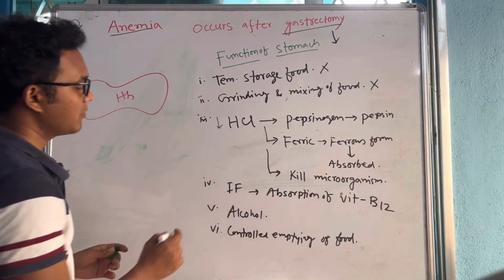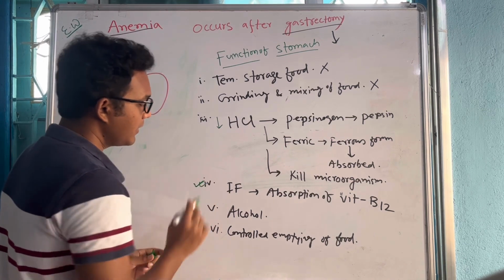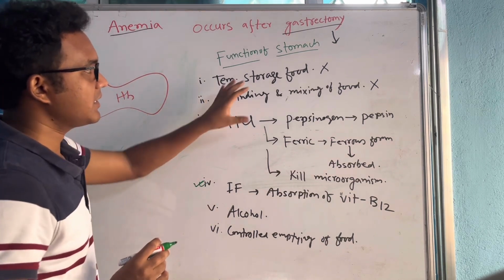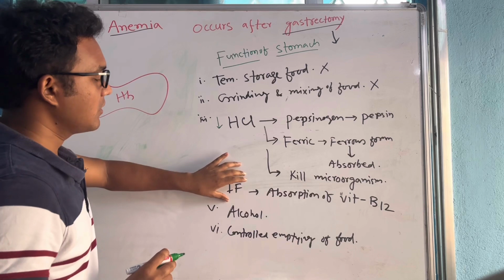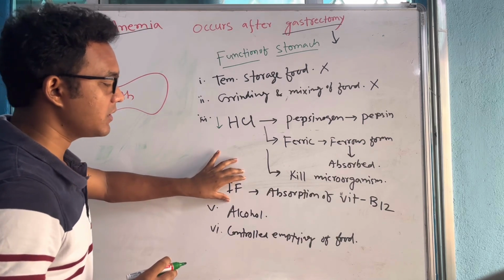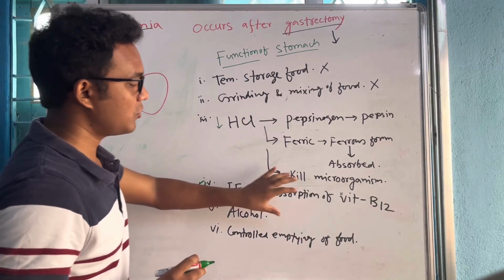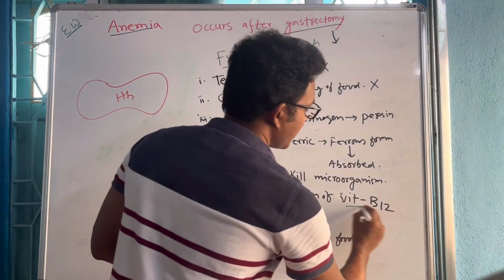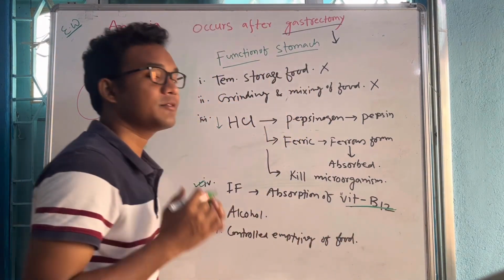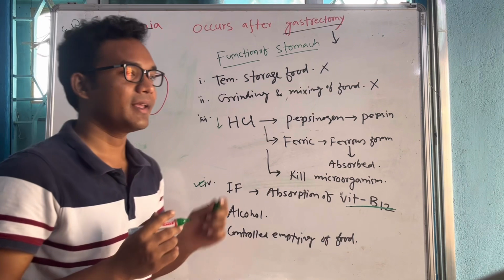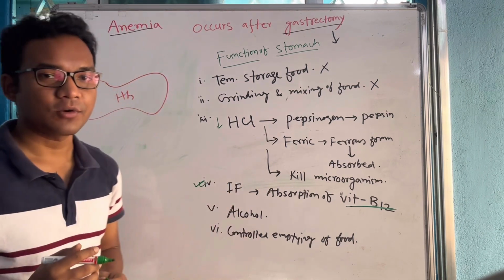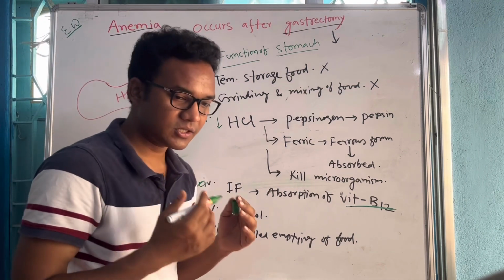And the most important: if there is partial or total gastrectomy, there will be no secretion of intrinsic factor, so there will be no absorption of vitamin B12, and this vitamin B12 has a role in RBC production. We will discuss it later.